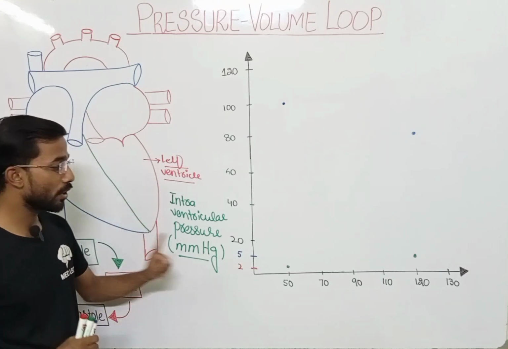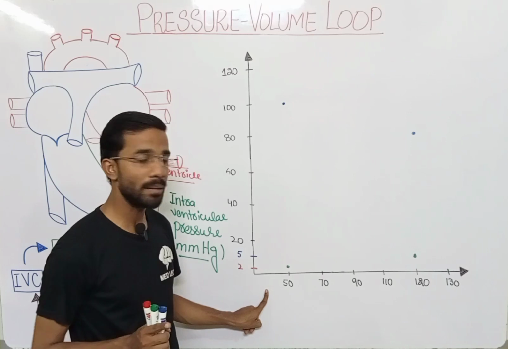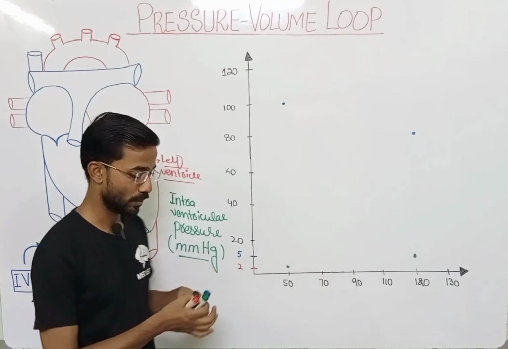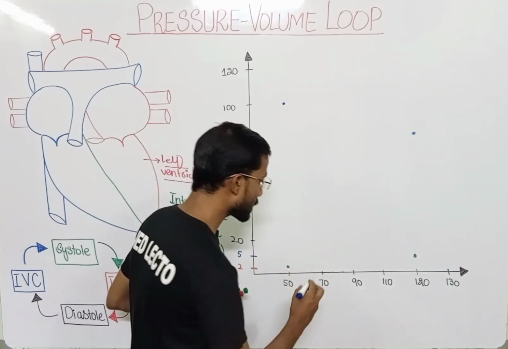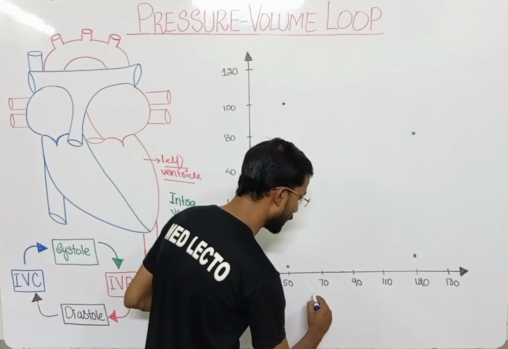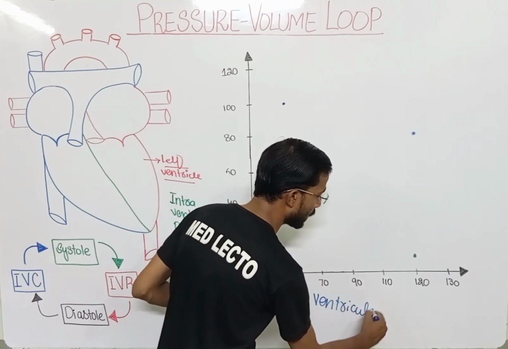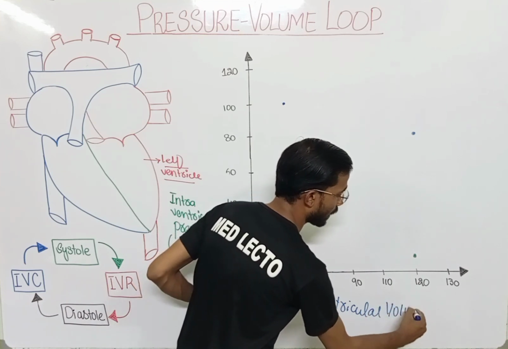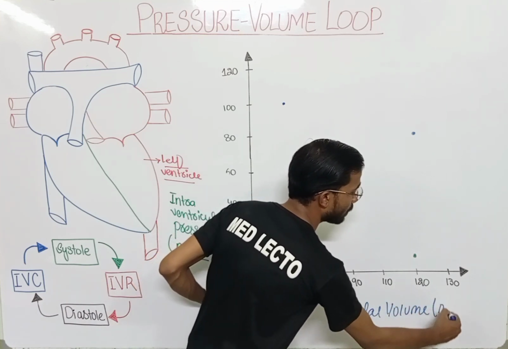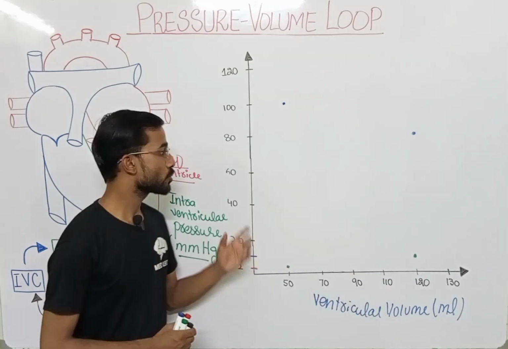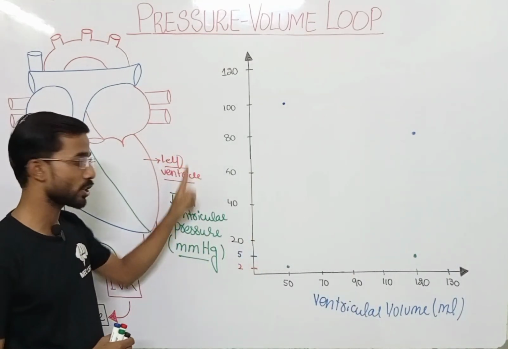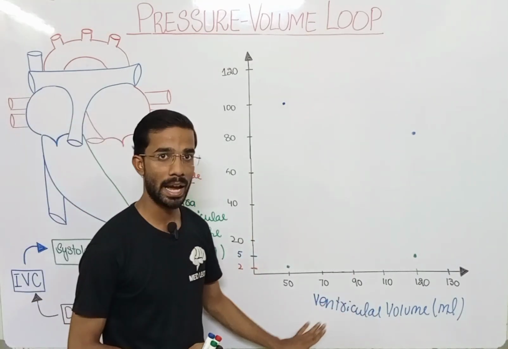Second thing, we will take volume on the x-axis. So on the x-axis you see the ventricular volume, and that volume will be in milliliters. So we take the pressure on the y-axis and volume on the x-axis.